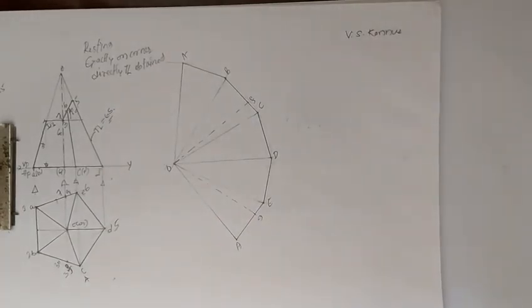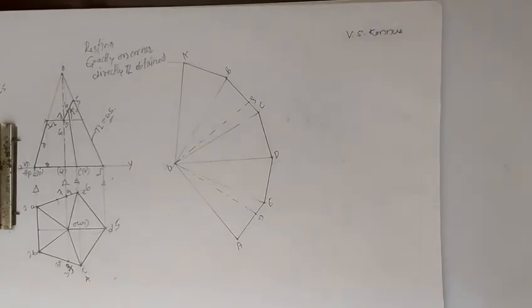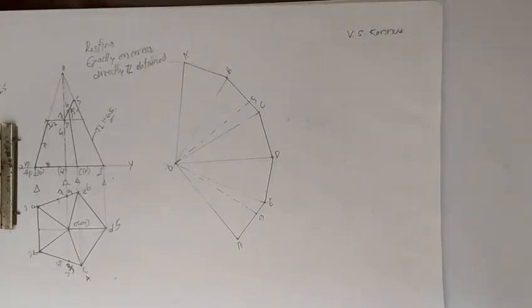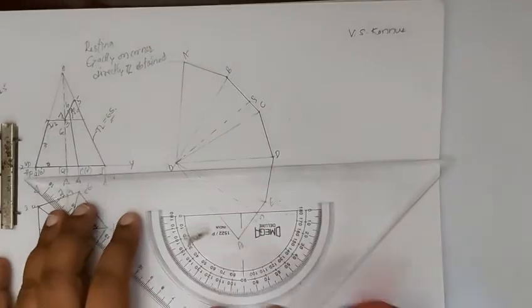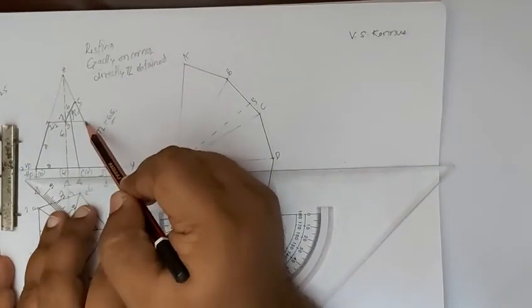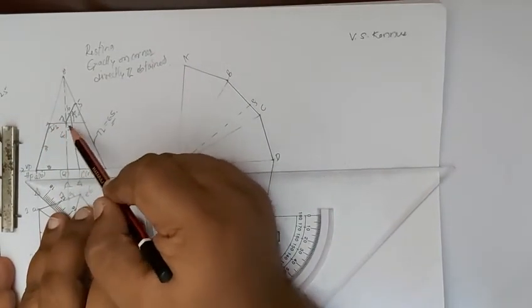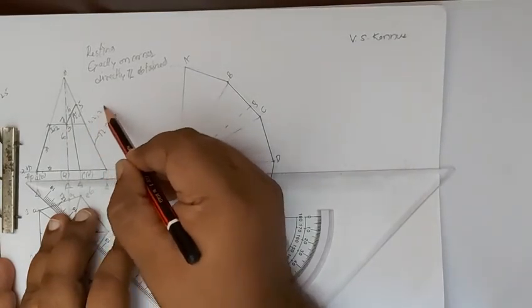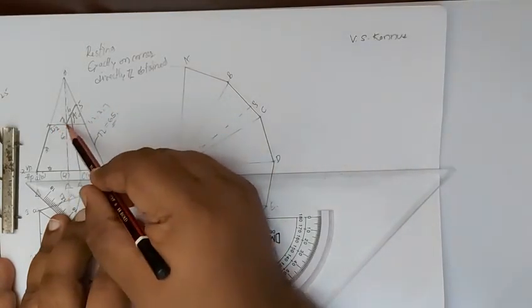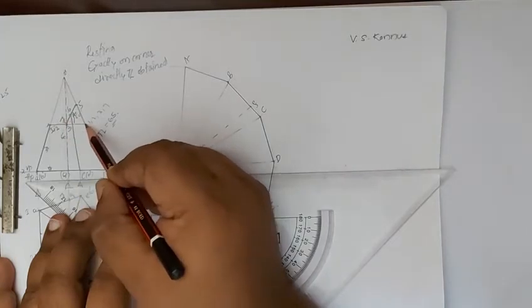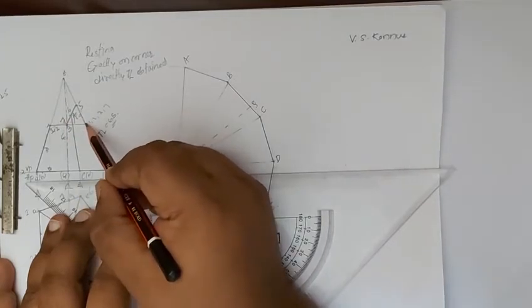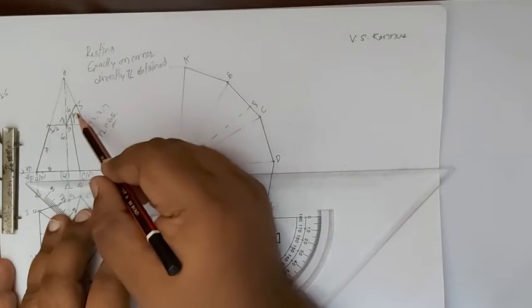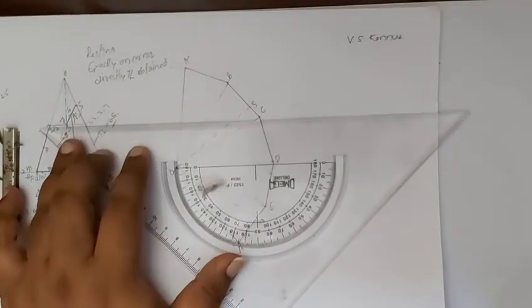Now we'll start the cutting. All the numbers will be transferred to the true length. Already 1, 2, 3 and 7 are this distance, 1, 2, 3, 7 from this point. All these are transferred to the true length, and still 6 and 4 will be transferred.